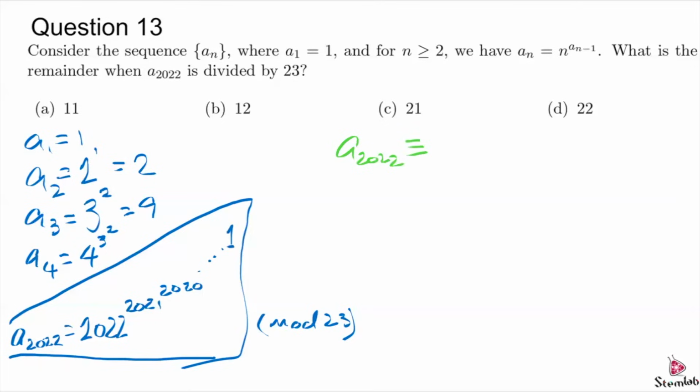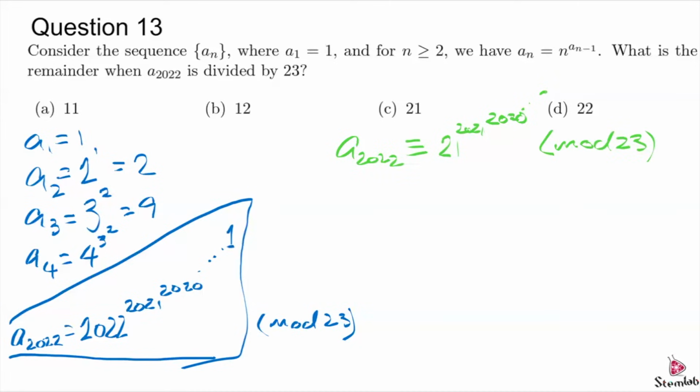Okay. So now we can reduce a_2022 into the remainder of 2022 mod 23, which is 21. So this is equivalent to saying this is 21 raised to the 2021 to the 2020 and so on, mod 23. Okay.